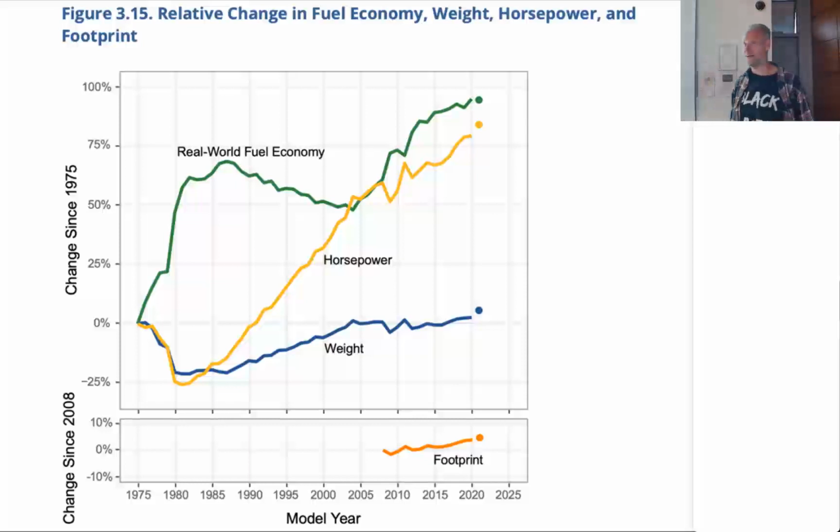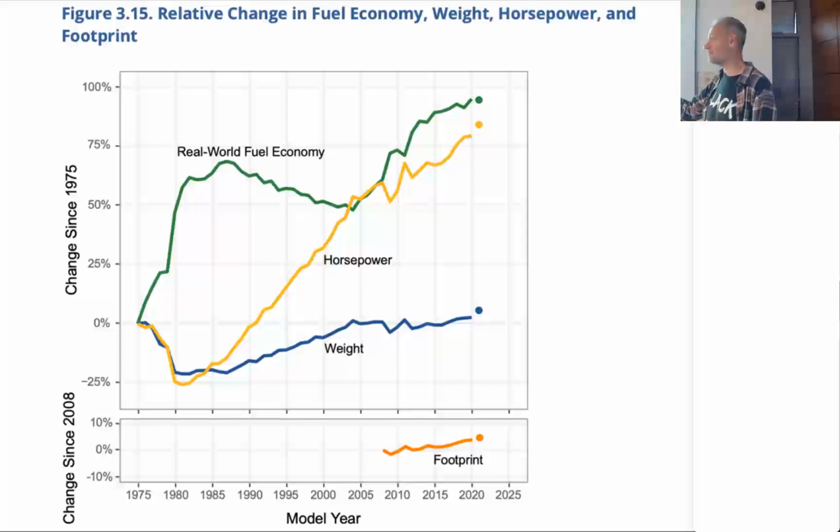That these American cars are pulling ever more weight, ever bigger cars, ever faster acceleration, and the fuel economy did not budge that much, right? So the engineering effort went into what Americans thought were better cars: bigger, faster, heavier, what have you.